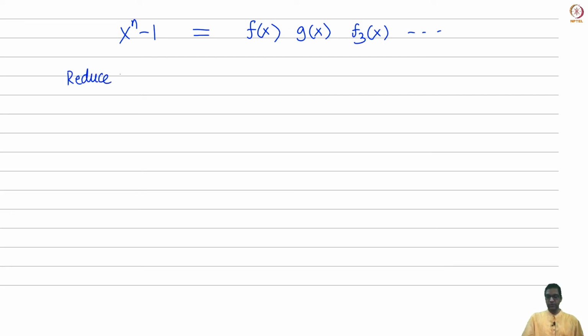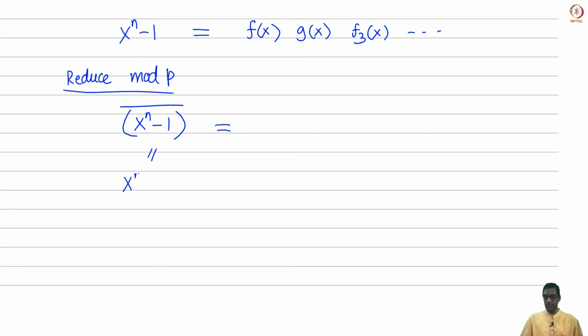So now let's go back and recall, where are we? This is f, g, and then maybe there are other factors. Now let's reduce both sides modulo p. So I'll take this x^n minus 1, think of it as reduced modulo p on the coefficients, which means it's really again x^n minus 1, but I have to think of these 1s as being 1s in F_p.